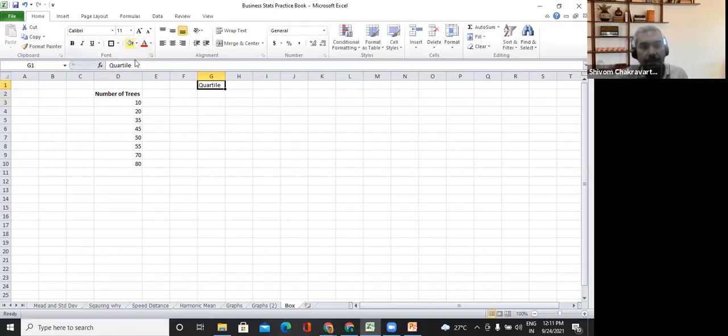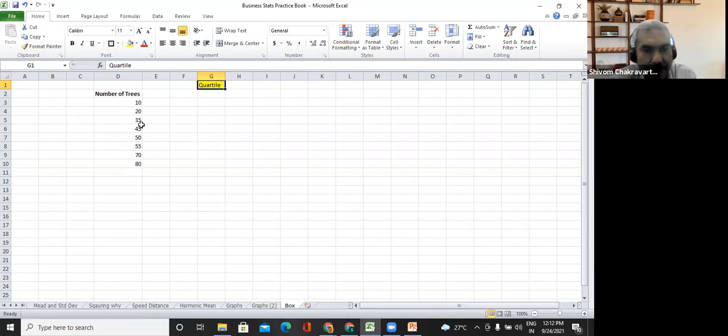To find quartiles, we divide this entire data set into four equal parts, to the extent possible. So how to do that? Of course, there is a very complicated mathematical way, but there is a much simpler logical way.